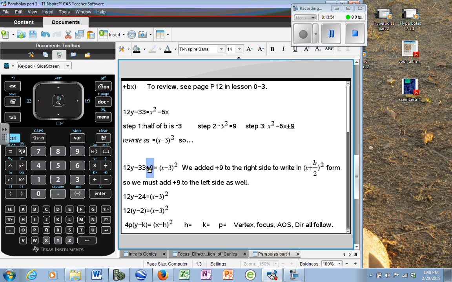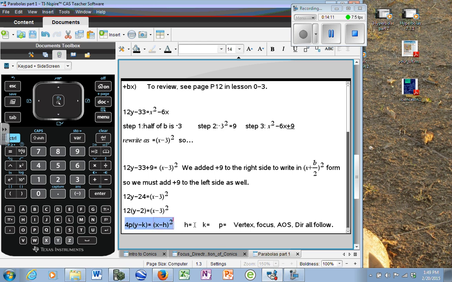So once I do that and I add 9 to this side, that becomes negative 24. And then I factor the 12 out of the side and I get y minus 2. And here we've got the right form, yeah? 12 equals 4p.